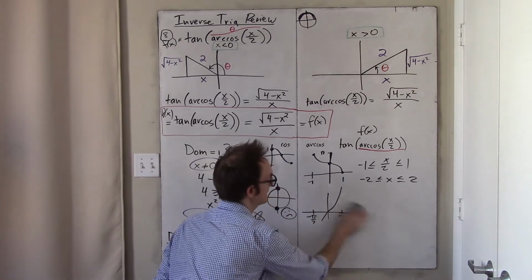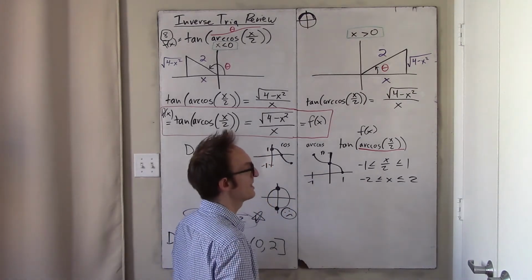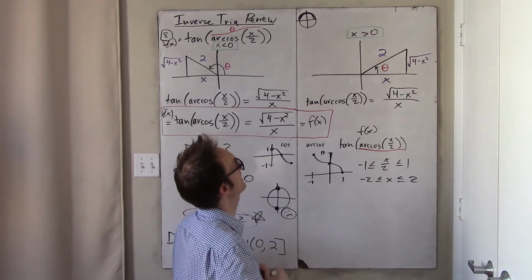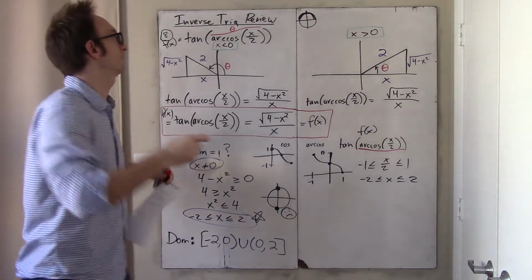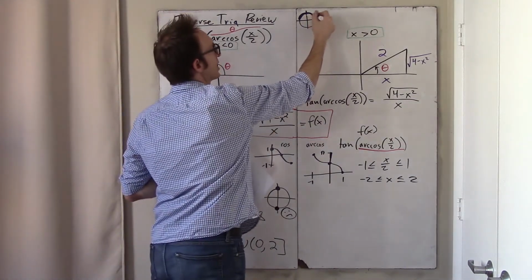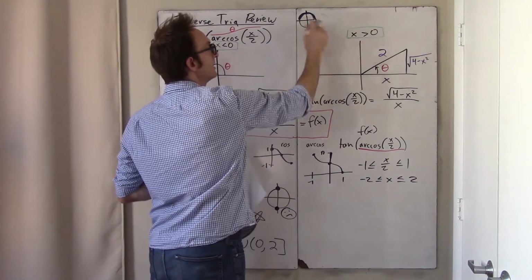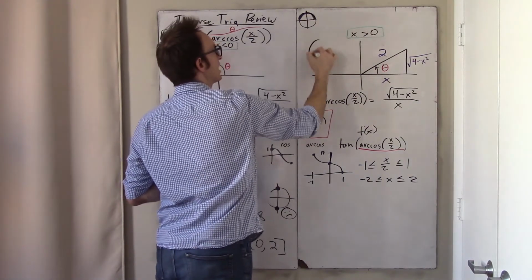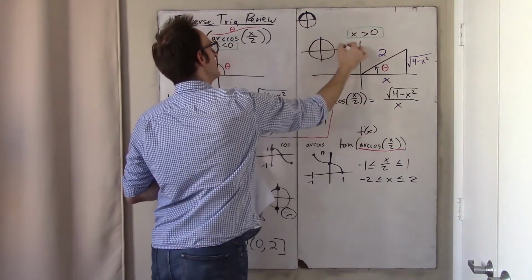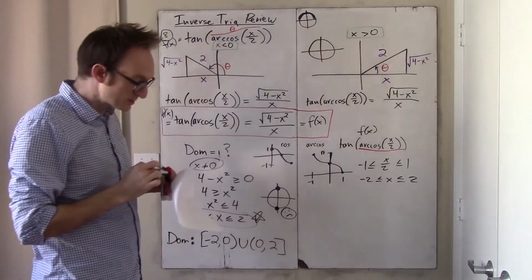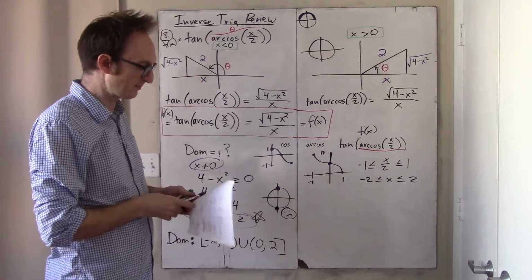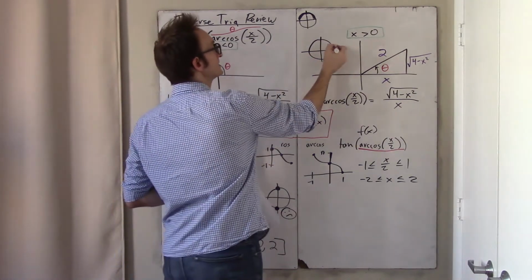So pi over 2 is the number I need to worry about, because as we've discussed way up here, on this unit circle, I'll draw it again a little bit bigger, arc cosine always outputs something between 0 and pi.